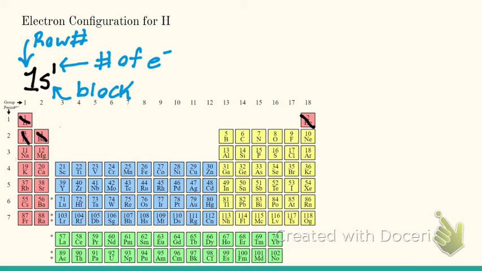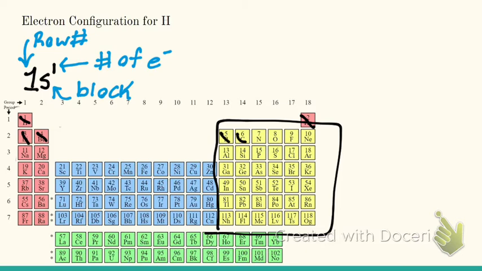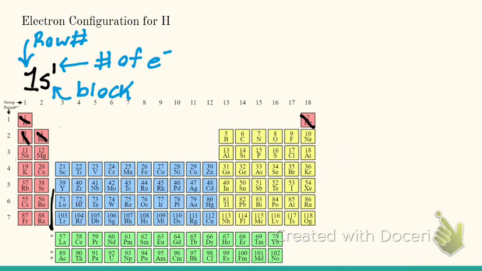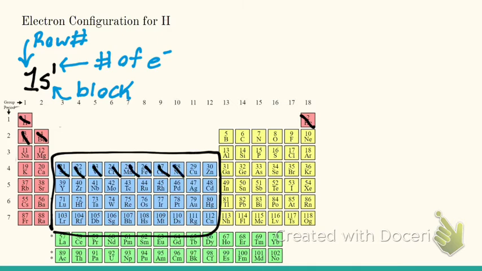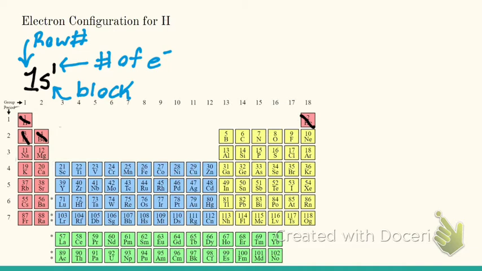Our P block over here is able to hold 6 electrons. Our D block in the middle is able to hold 10 electrons. And our F block right down here at the bottom is able to hold 14.